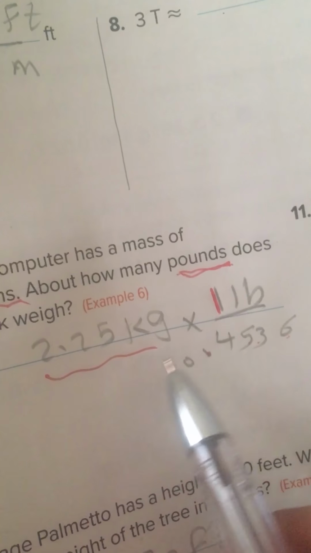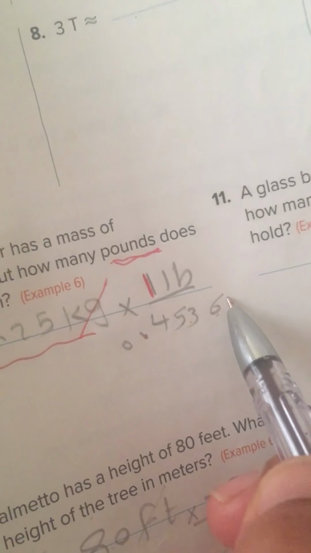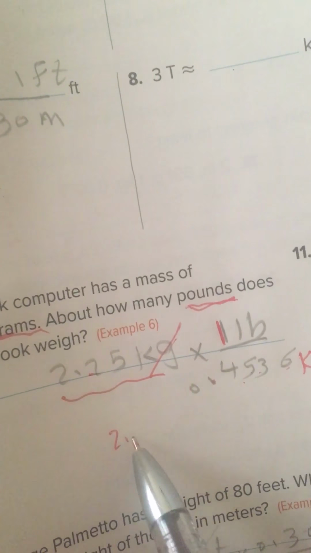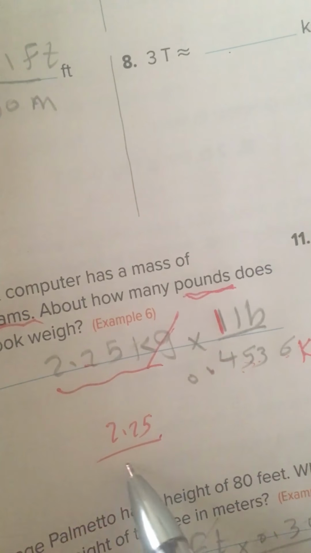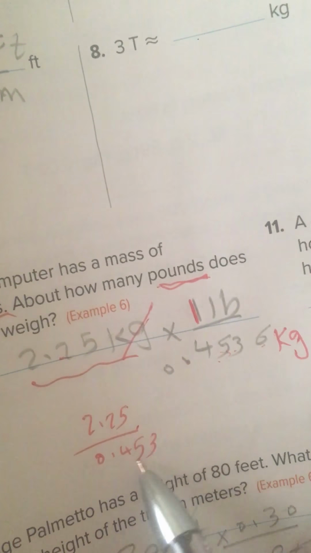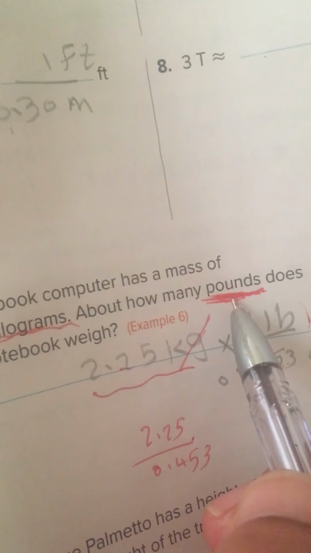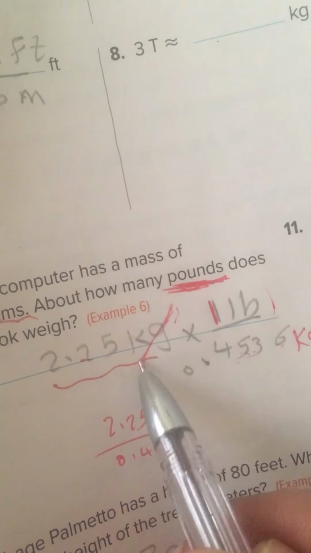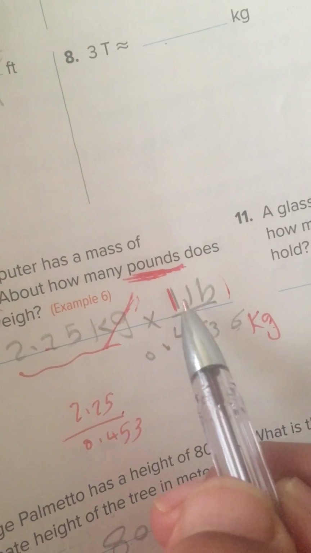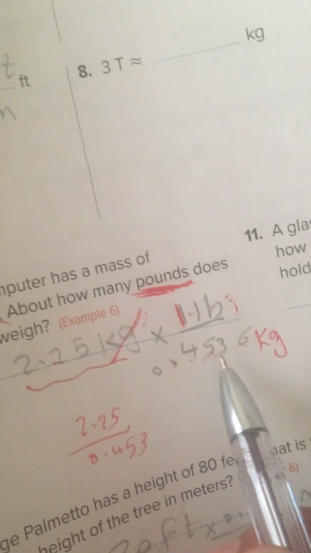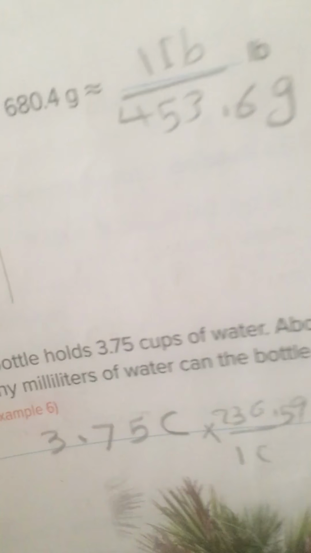So now I can remove kilogram with kilogram, and now divide 2.25 by 0.453 to find the answer in pounds. So I will write kilogram in the denominator, because 1 pound from the table is 0.453 kilogram.